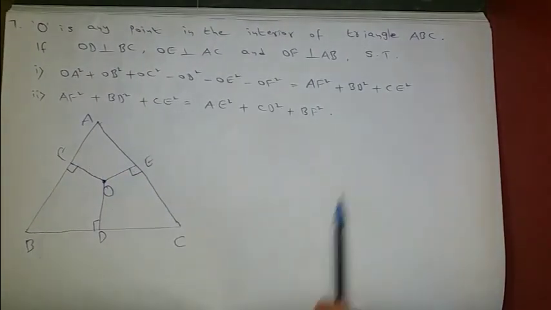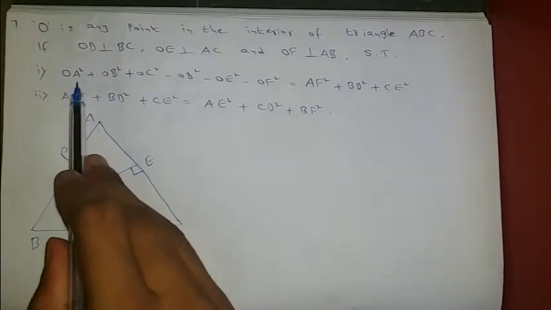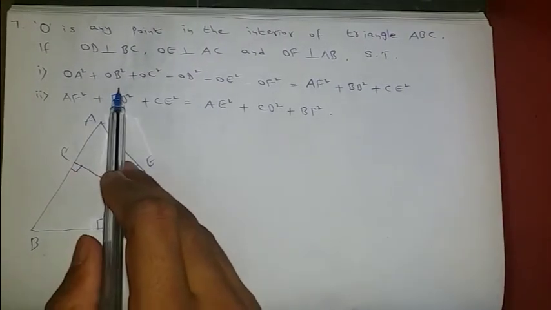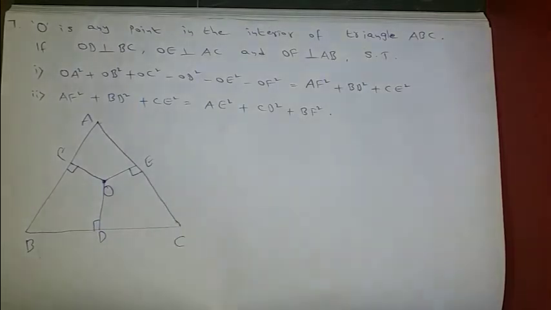Okay, next. Then he is asking to show that OA square, OB square, OC square. But in the given figure, we don't have any line for OA as well as OB as well as OC.